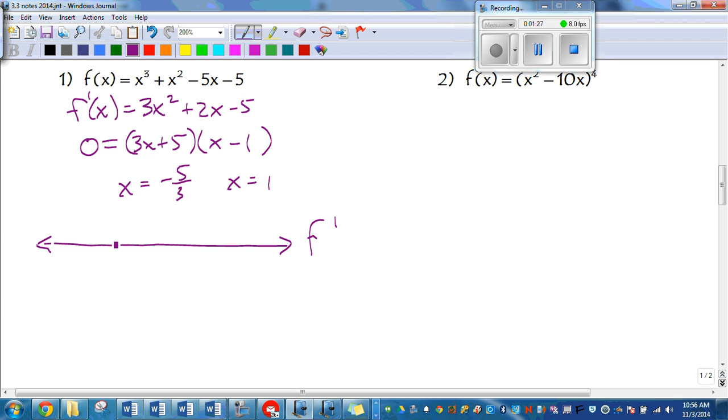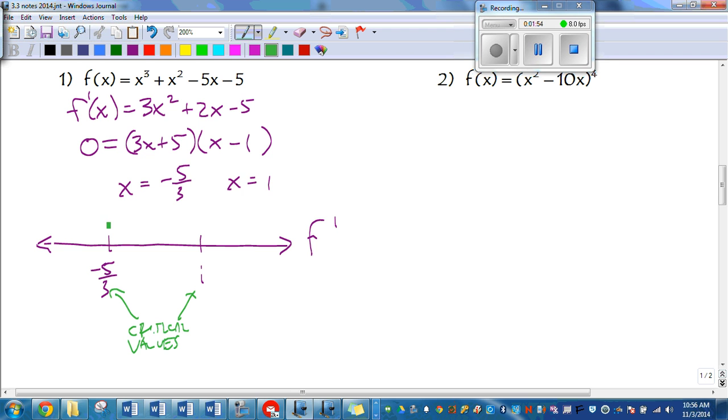And on the number line, we're going to put 2 marks, one for each critical value that we have. So negative 5/3 and 1. So we're putting the critical values down at the bottom. All right, critical values on the bottom.